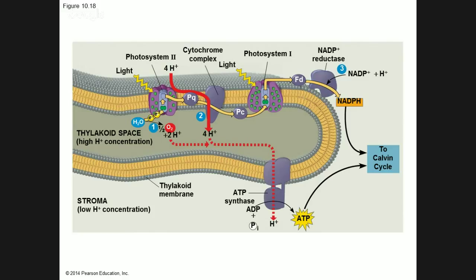The energy they lose is used to pump hydrogen ions from the stroma into the thylakoid space. That's what this red line is for. Then the electrons don't have any more energy. They're moved by plastocyanin, PC, to photosystem 1. They get excited again, and then they move by ferredoxin, another little electron carrier, to this enzyme called an NADP reductase. I'm going to talk about all that.